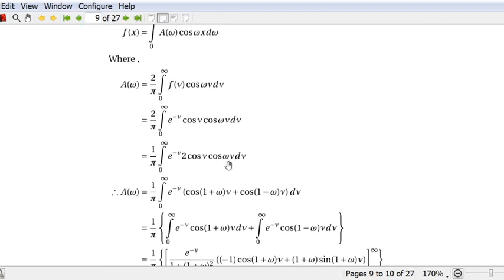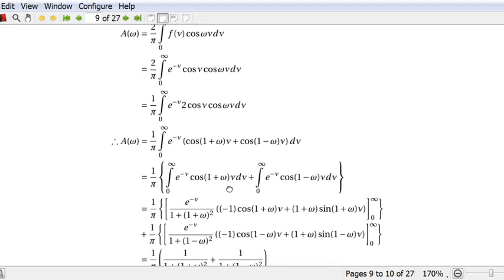We know 2 cos a cos b is equal to cos of a plus b plus cos of a minus b. So cos of a plus b, nu plus omega nu, that is 1 plus omega into nu, plus cos of 1 minus omega into nu d nu. We multiply this term by term: e raised to minus nu into cos 1 plus omega nu d nu, plus e raised to minus nu into cos 1 minus omega nu d nu.